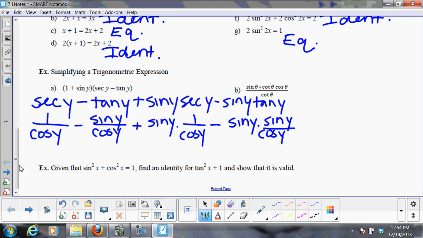Good so far? Well, sine y times 1 over cosine y, this part right here, is the same thing as the one before. So these cancel. Then we have 1 over cosine minus sine squared over cosine.